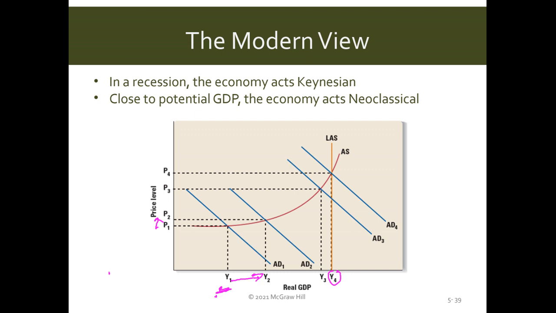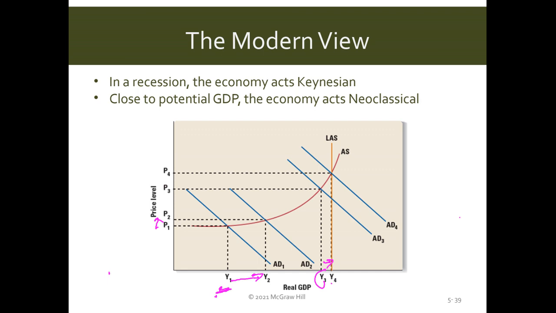But if the economy is already operating near full employment, here at Y3, and government shifts the aggregate demand curve to the right by increasing its own expenditure, yes, unemployment will reduce, but at the same time you will have to face the problem of inflation.